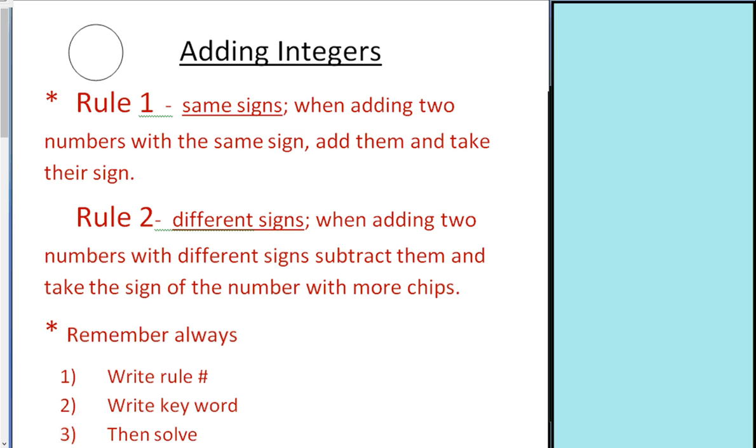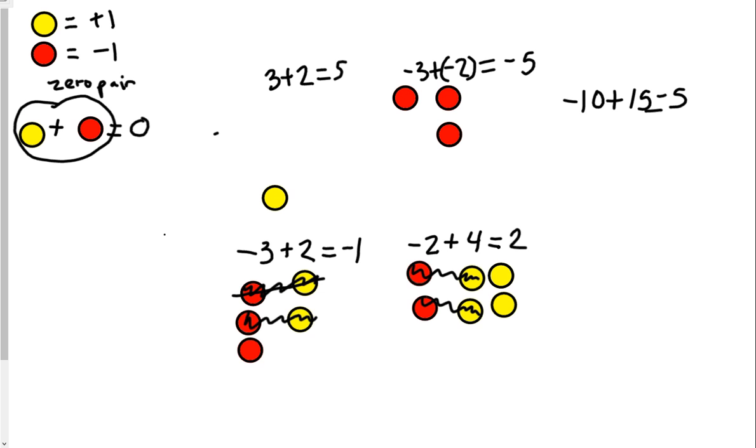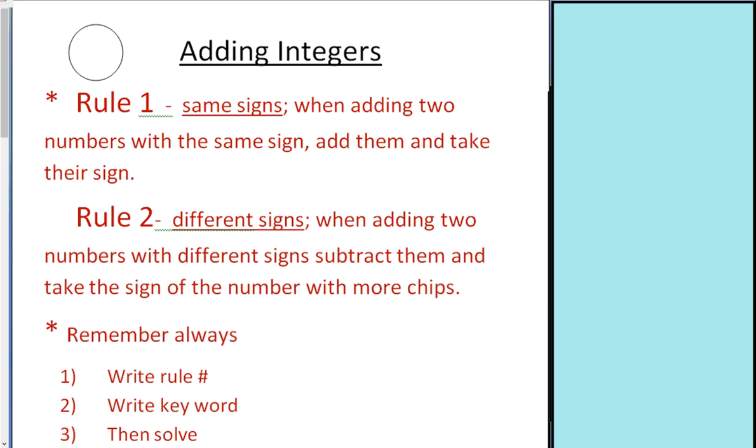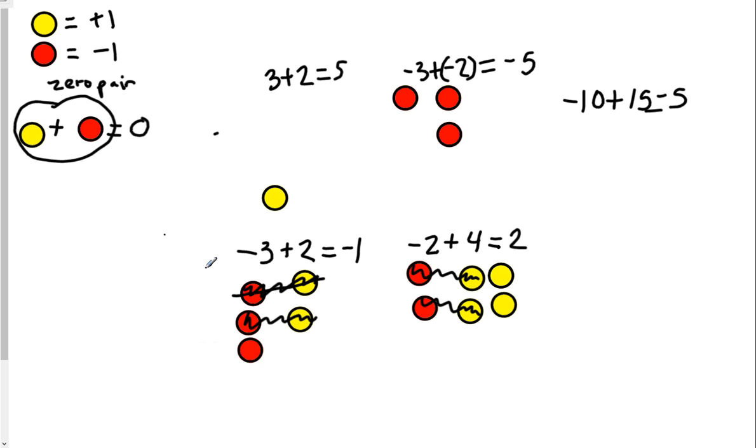All right, rule number 2, the harder one, right? Rule number 2, when they're different signs. When adding two numbers with different signs, you subtract them and take the sign of the number with more chips. What do I mean by that? That's kind of confusing. So if I'm adding -3 plus a +2, I subtract the two numbers. 3 minus 2 is 1. And then I take the sign of the number with more chips. Who had more chips?